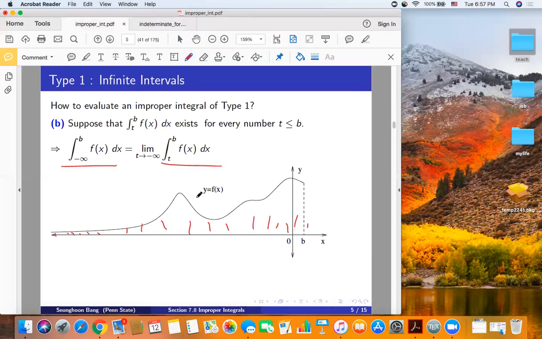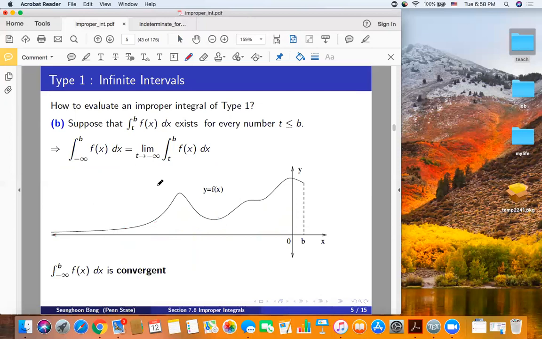You cut at t and find this area, then move t to negative infinity. You add more, and more, and more. That is the exact meaning of the limit, exactly improper.